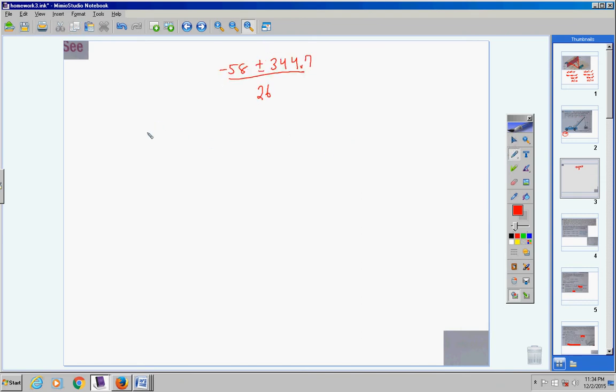Now we have negative 58 plus 344.7 all over 26, and negative 58 minus 344.7 over 26. Now, this will give us a negative answer. So we're going to have to go less than 1970, and that's not possible. So we can't have a negative answer.